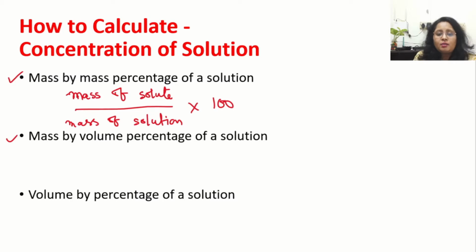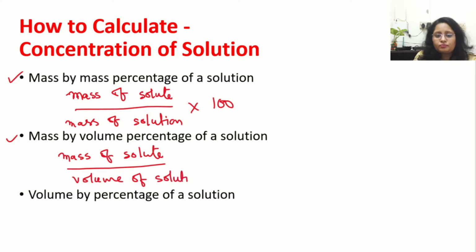The second one is the mass by volume percentage of solution. In this, mass of solute upon volume of solution, multiplied by 100.